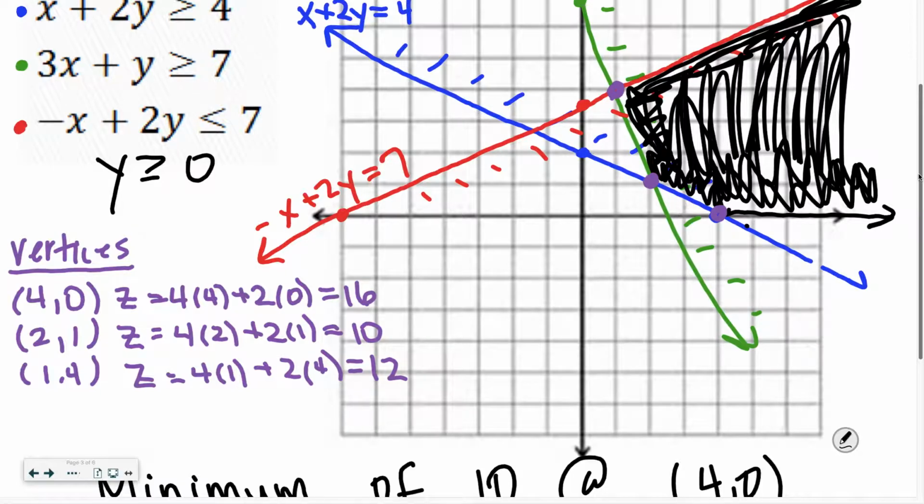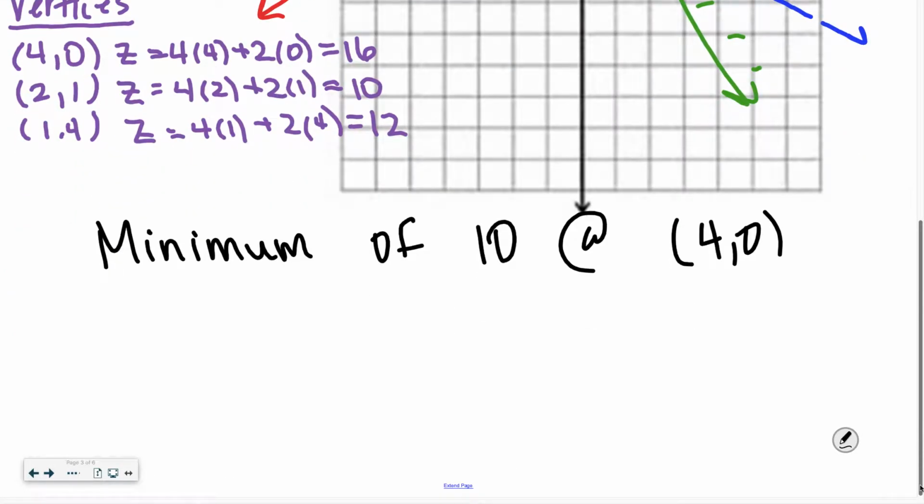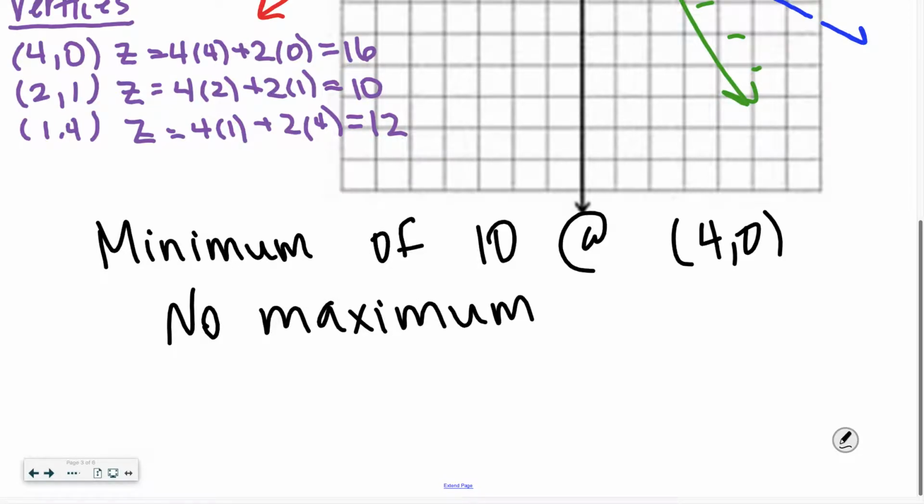And so we actually have no maximum because we have an unbounded region that grows in the positive direction. I wrote the 10 down and then I grabbed the wrong coordinate, didn't I? So there's no maximum because we keep growing. If we were growing in the negative direction, we wouldn't have a minimum.